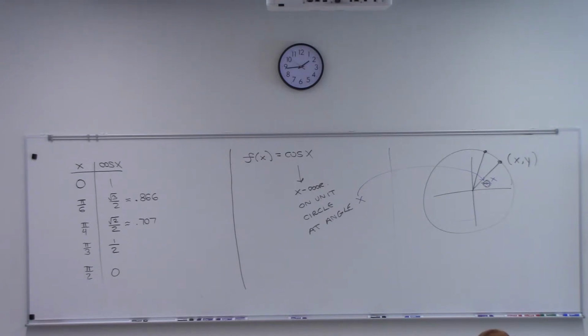And then my x-coordinates are going to become negative until I get to there. At pi, my x-coordinate is negative 1, which is why this is down 1. And then I keep going around and eventually come back to 2 pi right there. And this is the graph.